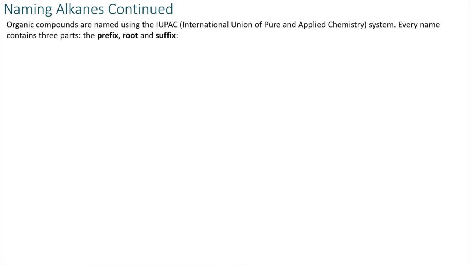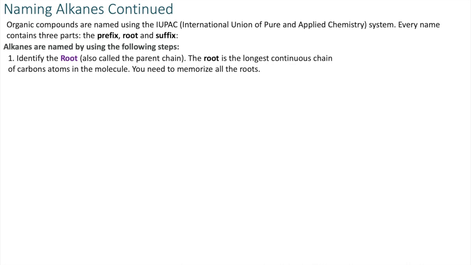So we said that every name is going to contain 3 parts. Alkanes are named using the following steps. The first thing that we're going to do is identify the root, which is also called the parent chain. The root is going to be the longest continuous chain of carbon atoms in the molecule, and you need to be able to memorize the names of all the roots.